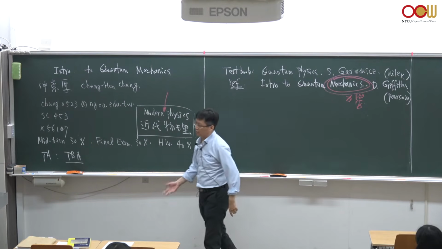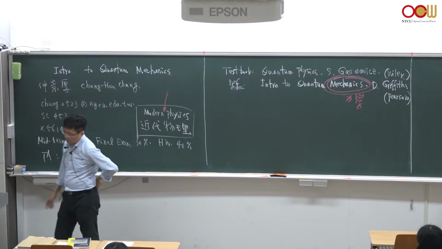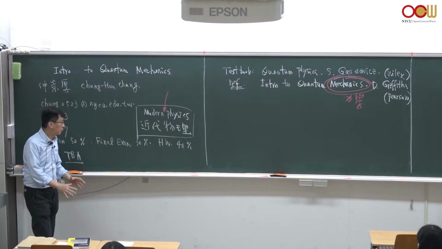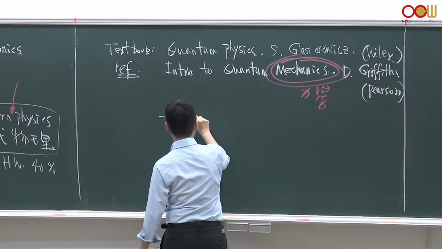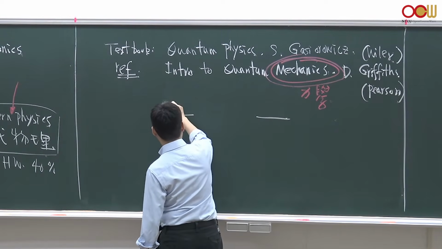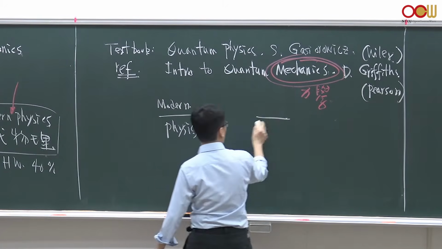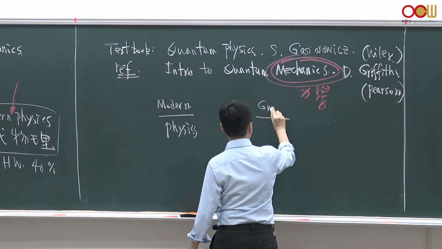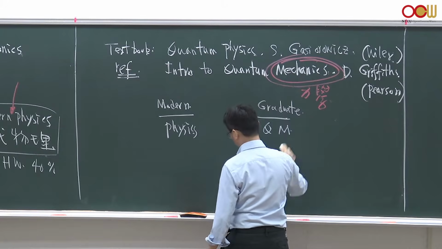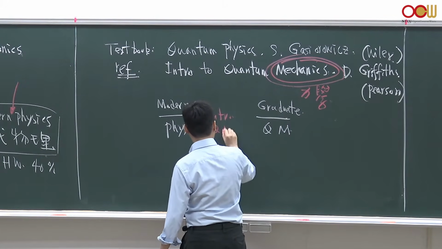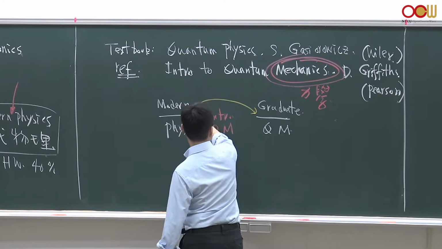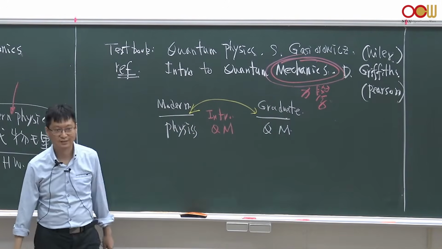But of course, this is not a graduate level quantum mechanics, and the purpose of this course is to be the bridge. So this is the modern physics, and this is the graduate level quantum mechanics. And our course, Introduction to Quantum Mechanics, is actually a bridge between these two.